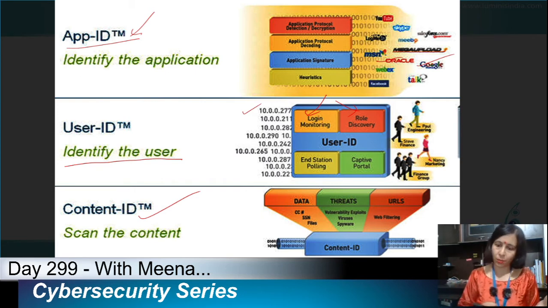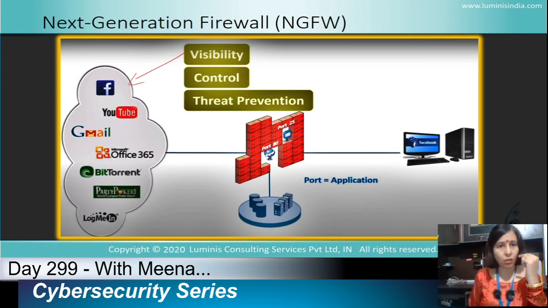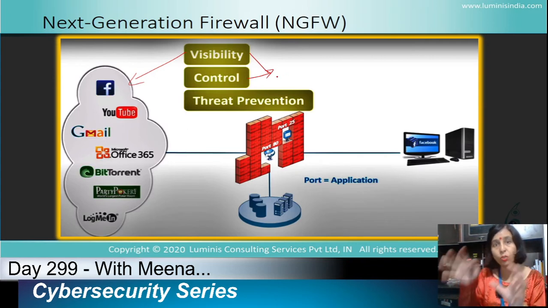Clear? So we need to understand each and everything at a detailed level, the detail of our user, our data, our application. And the next generation firewall will provide all these things. It gives visibility of the user, applications, and data. And when we know what we have in our network, we want to control it.